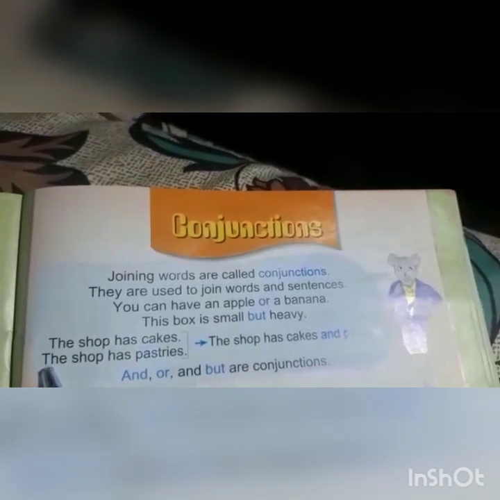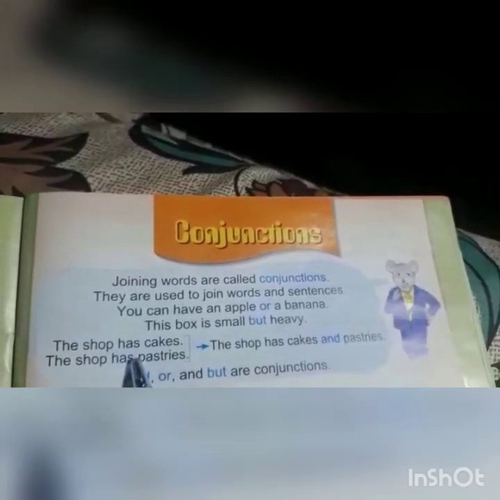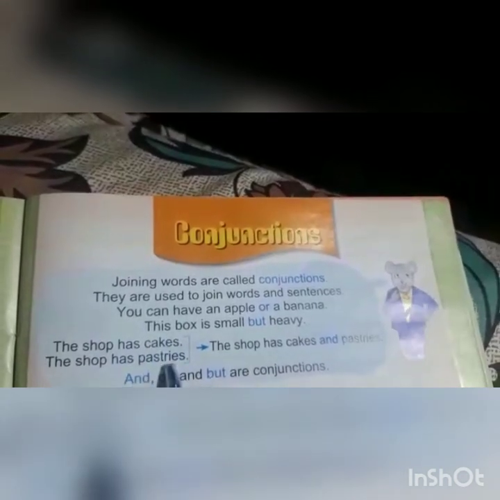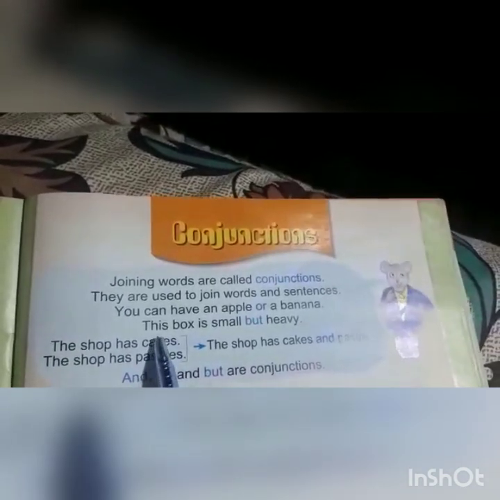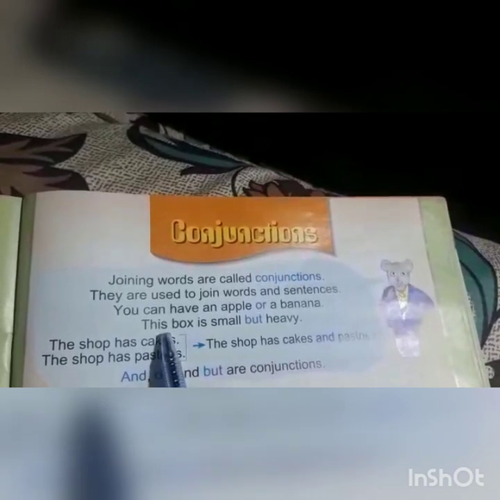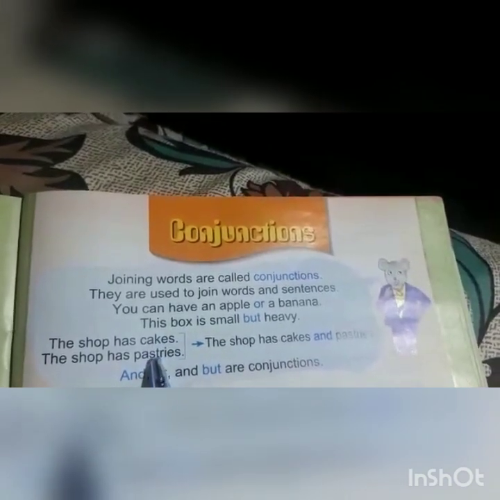Now these are two sentences having the same subject, same verb, but different objects. So in this case, where we have the same subject and the same verb, we can join the objects of the two sentences using a conjunction. So here in this case we use and.